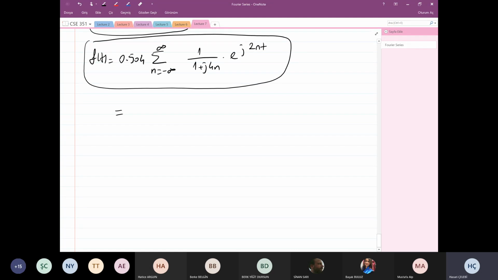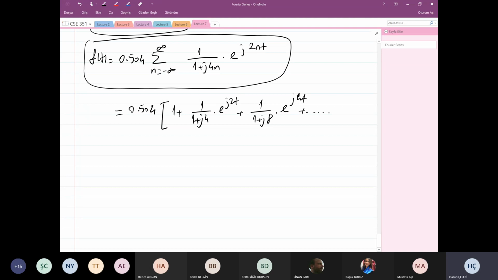Let's evaluate for the different n values, expanded to the series: 1 plus 1 over j4 e to j2t plus 1 over j8 e to j4t goes to the infinity.